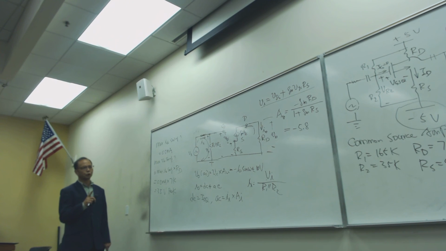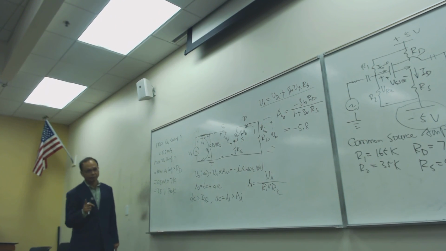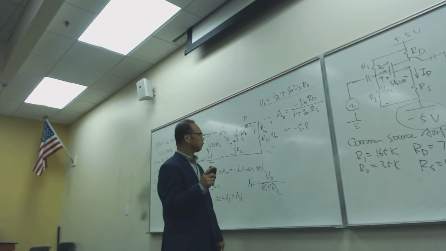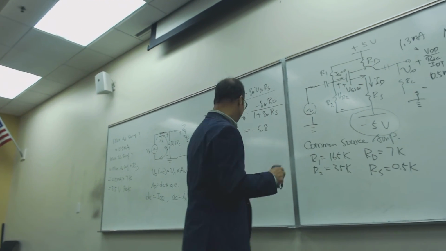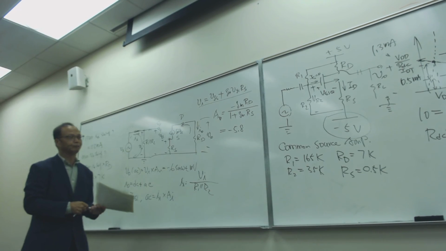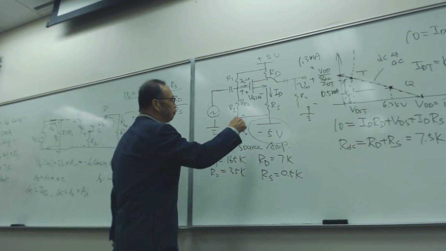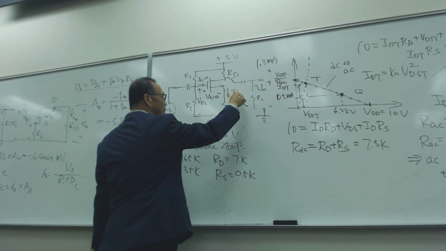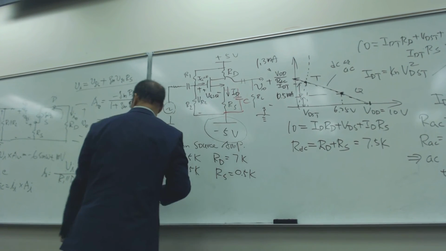Now I'm going to change the circuit so that we would have a different AC load line and a different DC load line. How am I going to do it? I'm going to use the red pen to make my change. I'm going to simply put a capacitor across here.